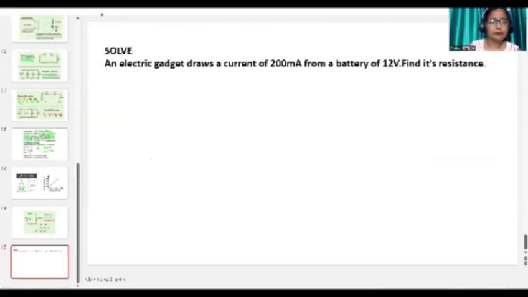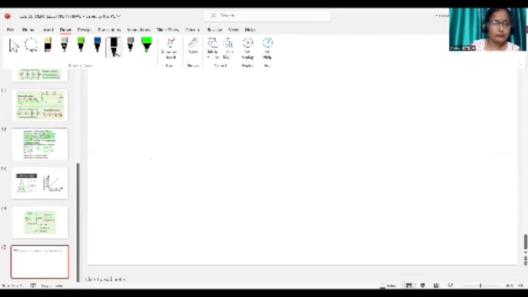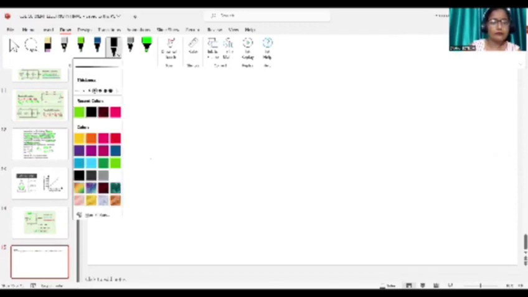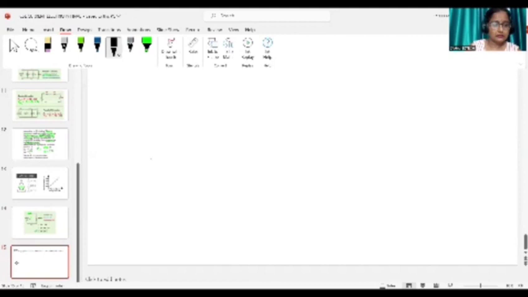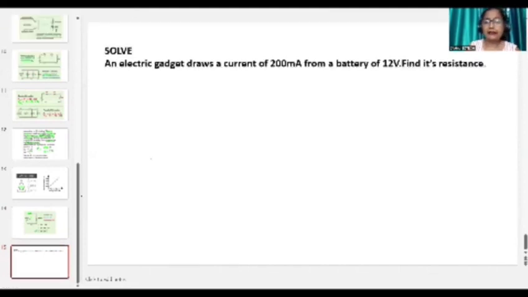Now you see. Okay. An electric gadget draws a current of 200 milliampere from a battery of 12 volt. Find its resistance. Now, while doing numericals, the first thing is that you must write what is already given in the numerical. So, what is given? Current is given. What is the value of current?